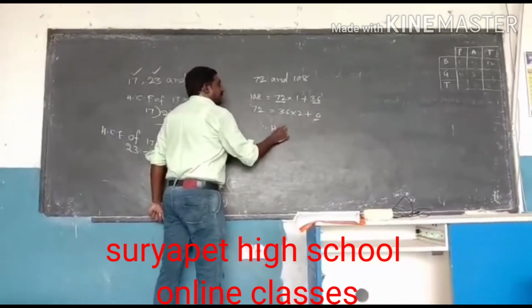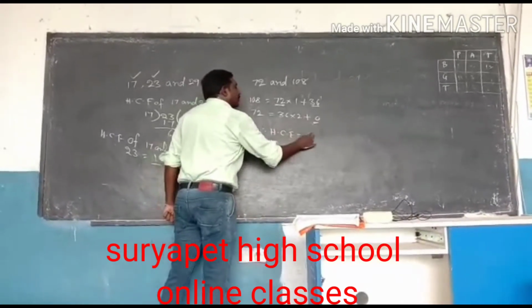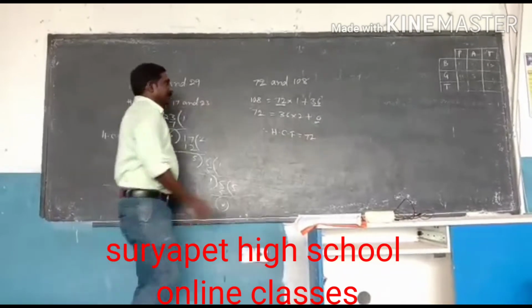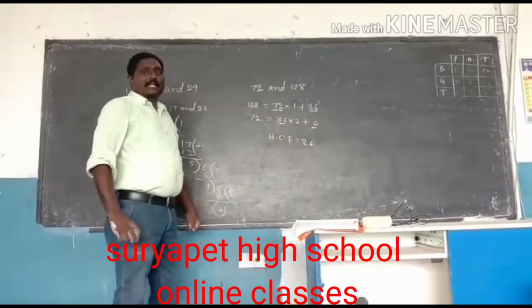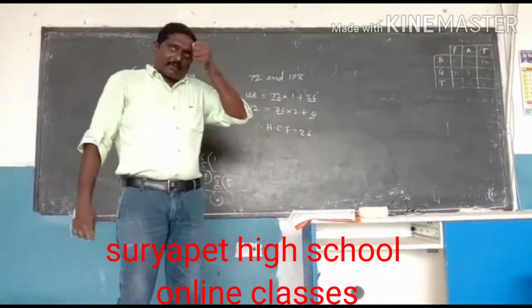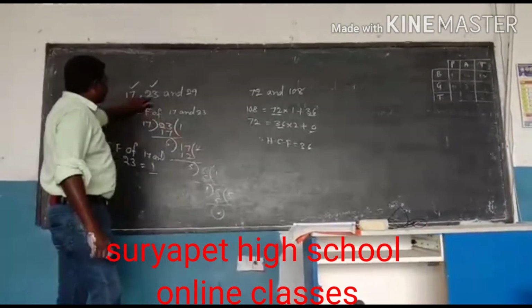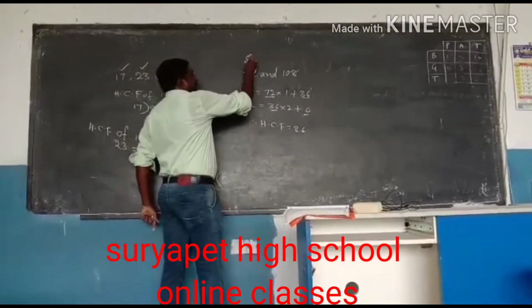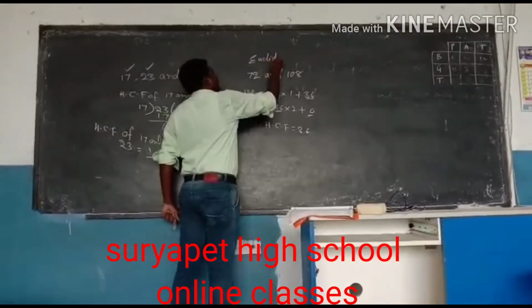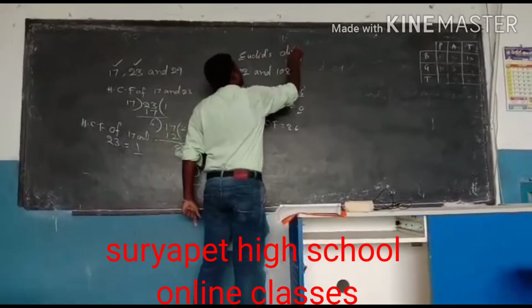Therefore, the HCF answer is 36. Divisor 36 is the HCF answer. And one thing we want to remember, for 3 numbers also you follow the same procedure. This is the Euclid's division lemma procedure.